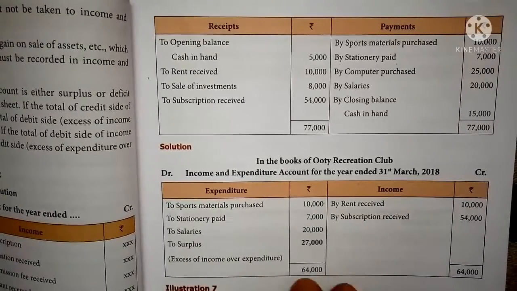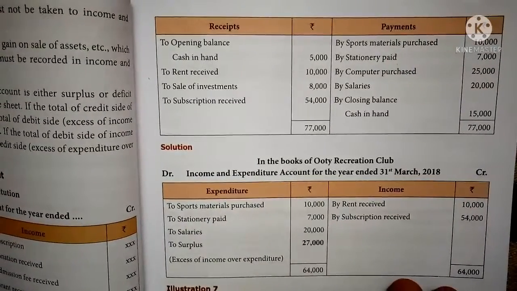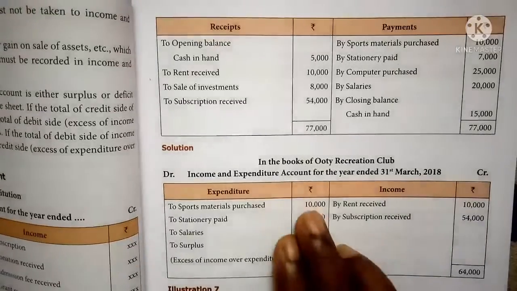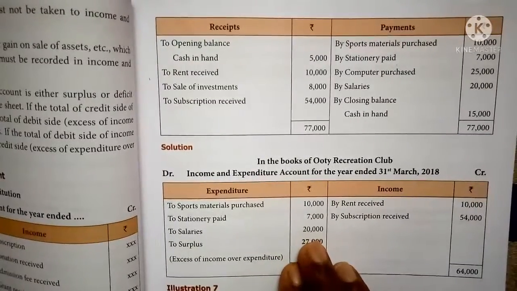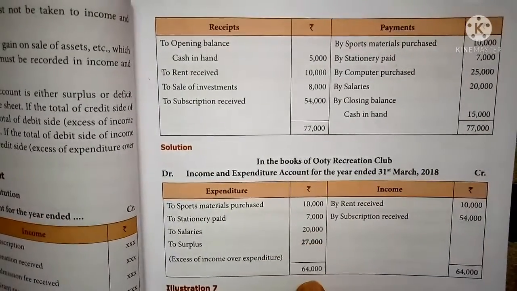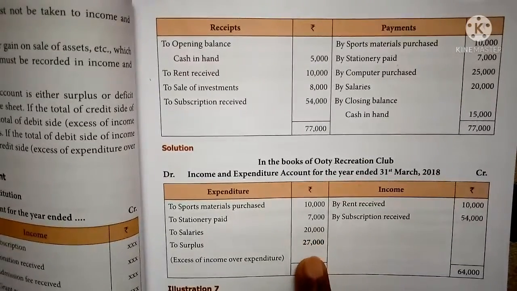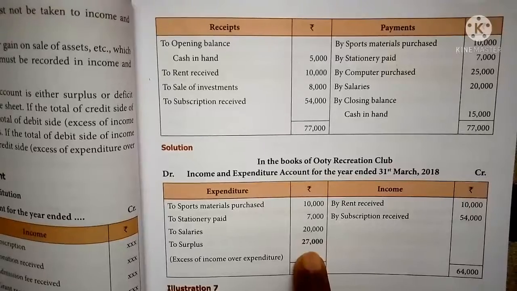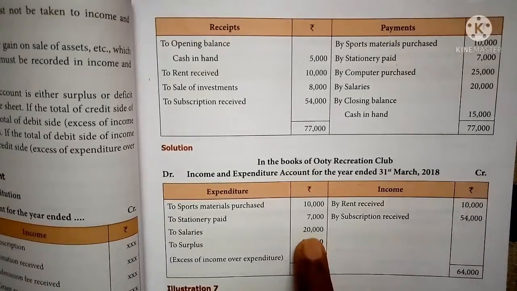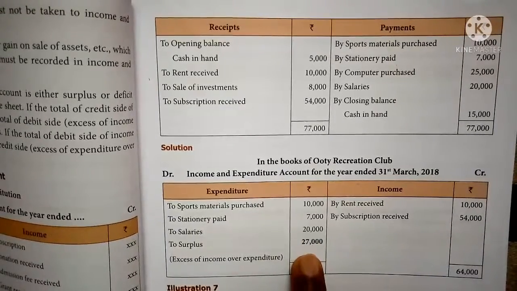After writing the total, the lesser side is the debit side, where the total is 37,000. So from 64,000 subtract 37,000, the balance is 27,000.